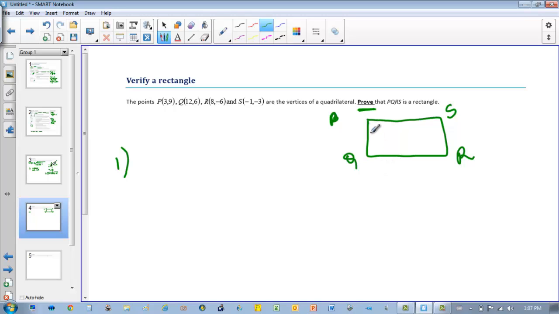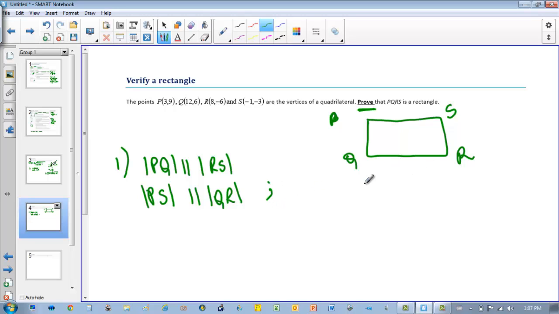Well, we do know that opposite sides are parallel, so I do know that PQ should be parallel to RS, and that PS as a line segment should be parallel to QR.